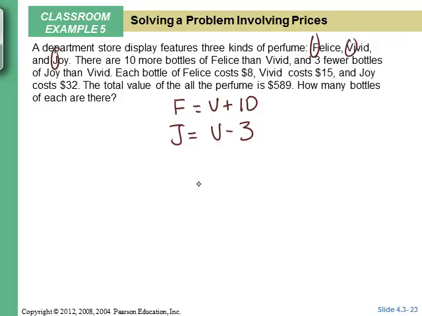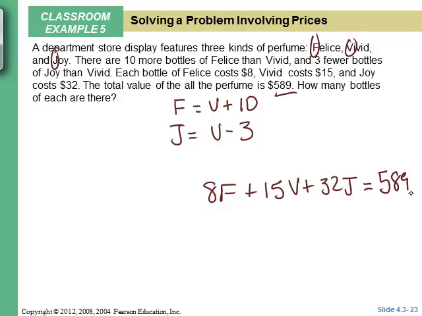The bottles of Felice cost $8. The bottles of Vivid cost $15, and Joy cost $32. So 8 Felice plus 15 Vivid plus 32 Joy equals $589. Instead of writing Felice, we can write Vivid plus 10.